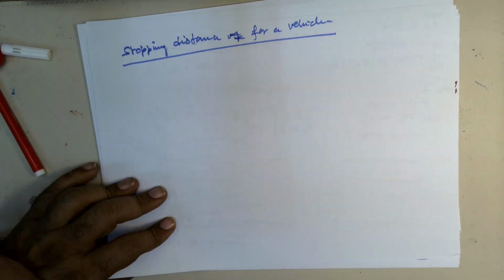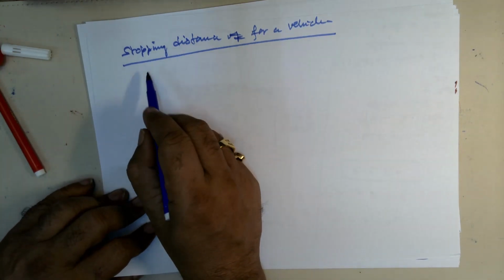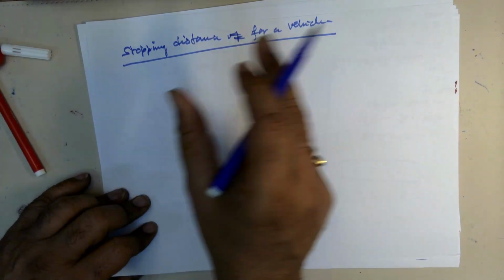Now, when brakes are applied to a moving vehicle, you can make a note of it. What is stopping distance for a vehicle?